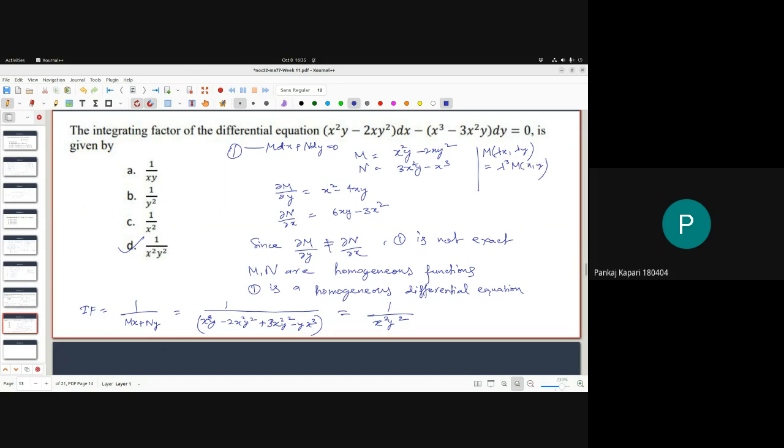Similarly, N of lambda x comma lambda y is lambda cube times N of x comma y. So both M and N are homogeneous functions of degree 3, and because they have the same degree, the differential equation is homogeneous. So M and N are homogeneous functions of the same degree, which is also important. The degree must be the same.